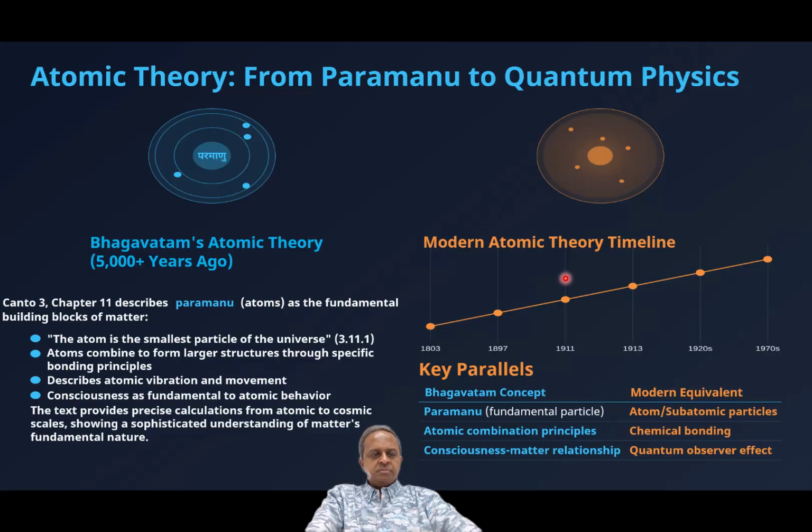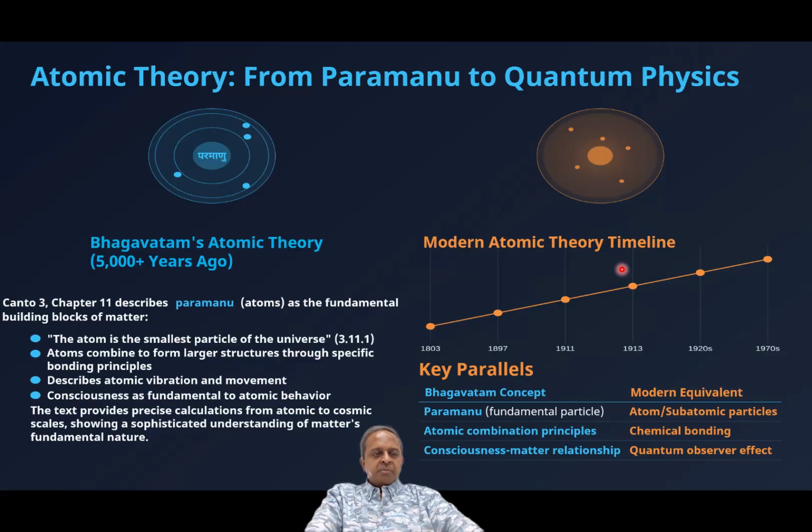Ernest Rutherford described the nuclear model in 1911, and Niels Bohr described the quantum atomic model in 1913. Each of these developments represented rediscovery and refinement of principles already present in the Bhagavatam 5,000 years back. The text's descriptions of atomic structure, particle interaction, and quantum-like behavior anticipated these modern discoveries by a millennium.